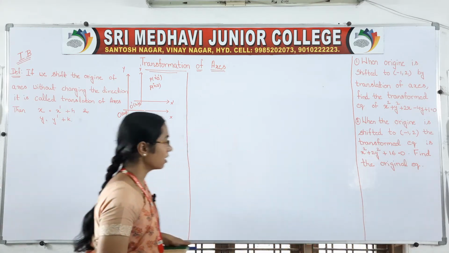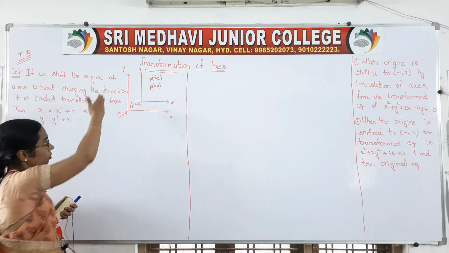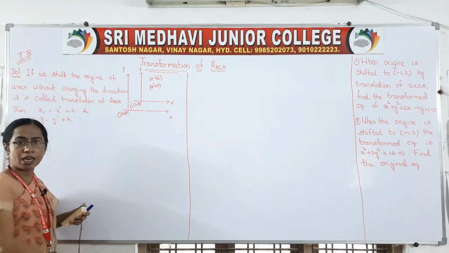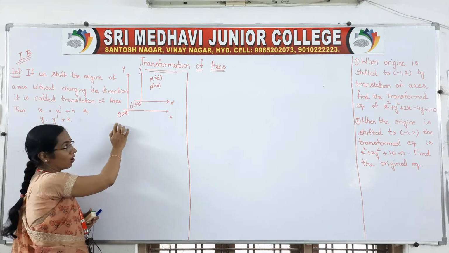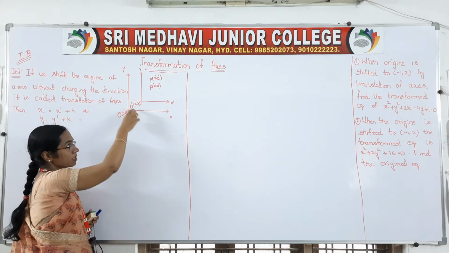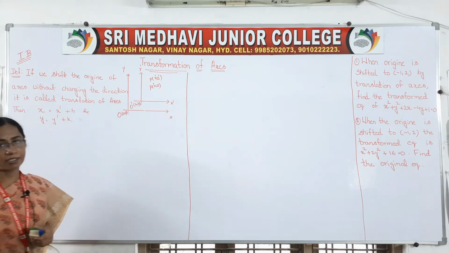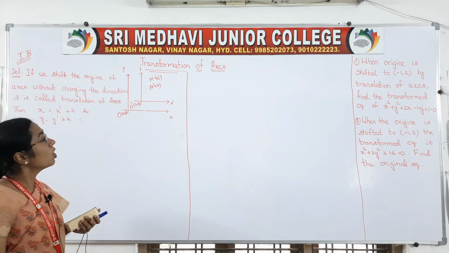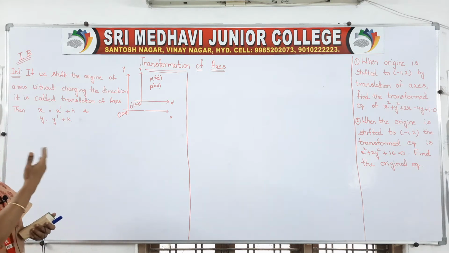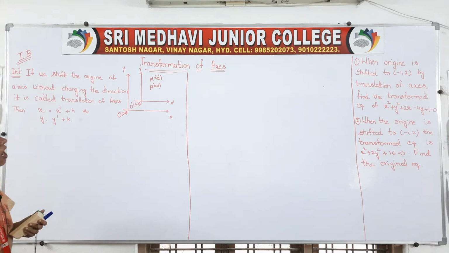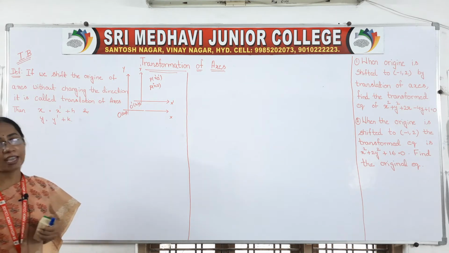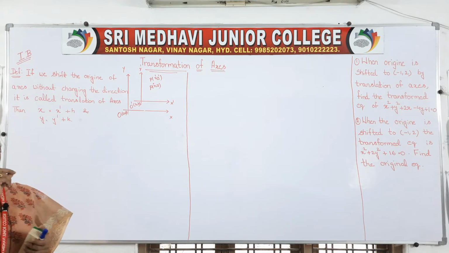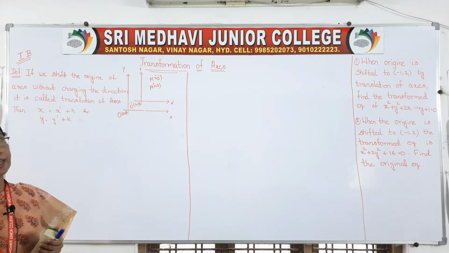Coordinate axis means just in the plane we take two perpendicular lines and they intersect at one point, that is called the origin, right? So this is called the coordinate axis. How there will be change in this axis, how many ways we can change it, that is called transformation of axis. Today we are dealing with that change in the axis.